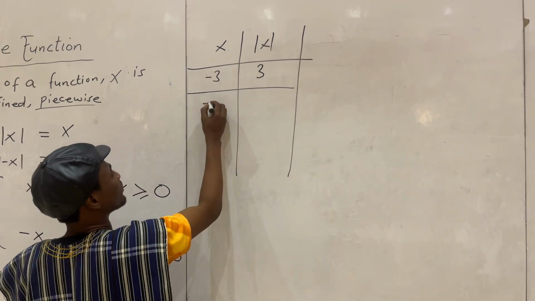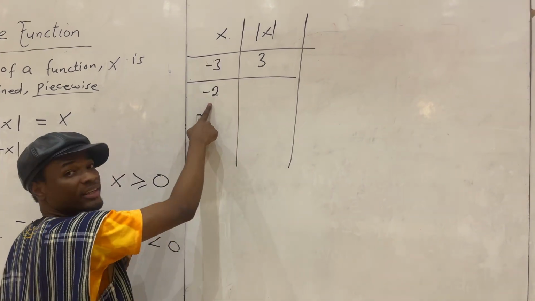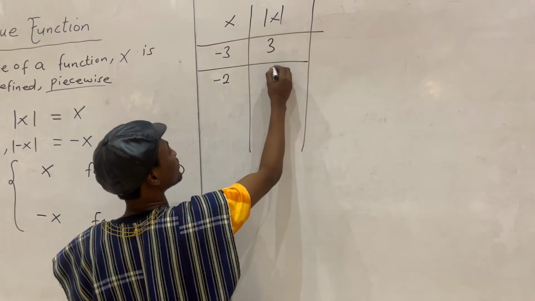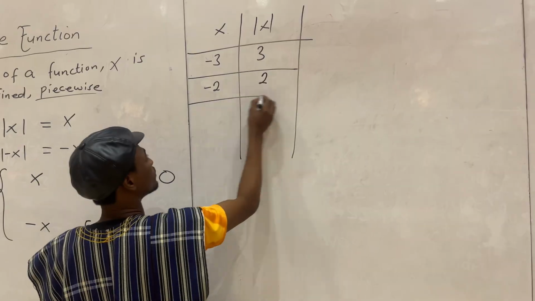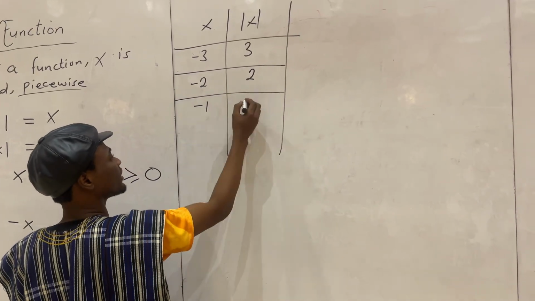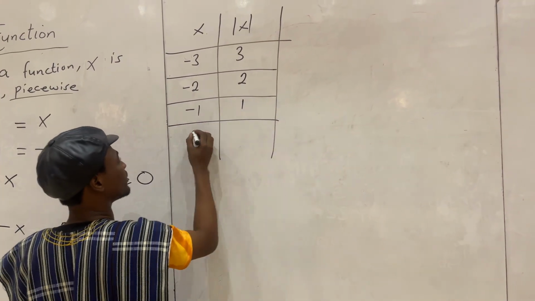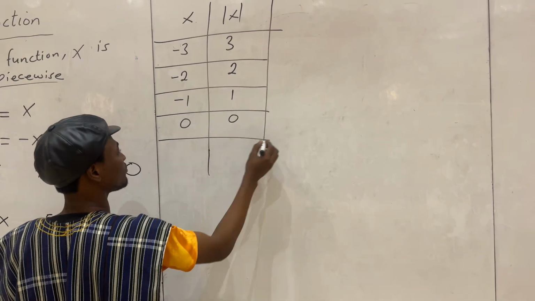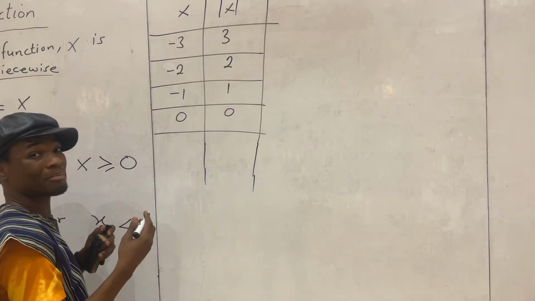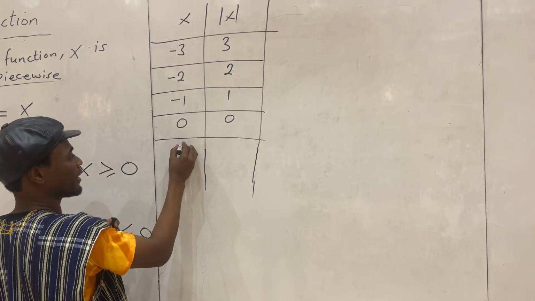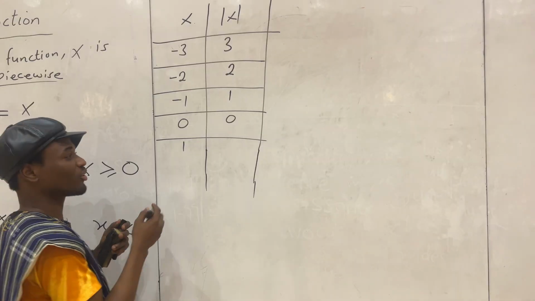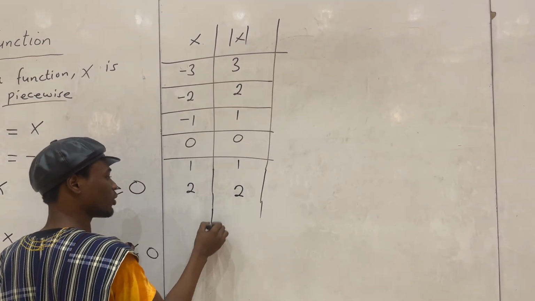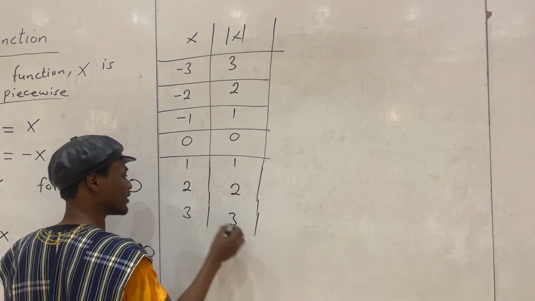Now, if x is negative 2, then the absolute value of negative 2 is positive 2. Negative 1, the absolute value is positive 1. The absolute value of 0 is still 0. Now let me consider some positive real values. The absolute value of 1 is 1. The absolute value of 2 is 2. The absolute value of 3 is 3.